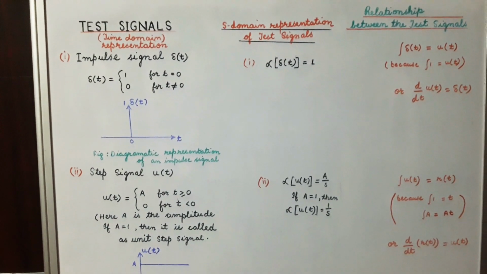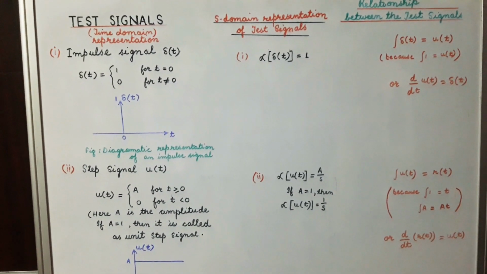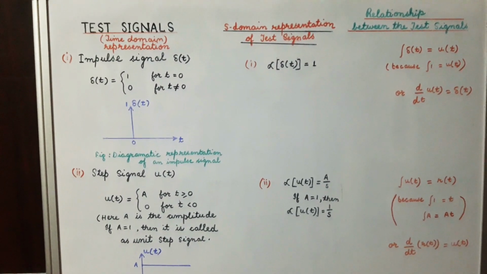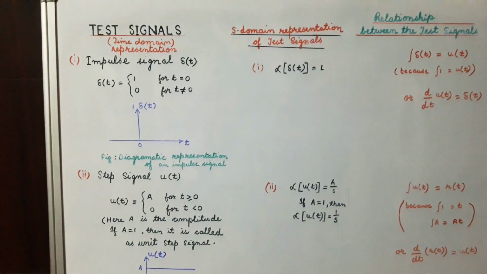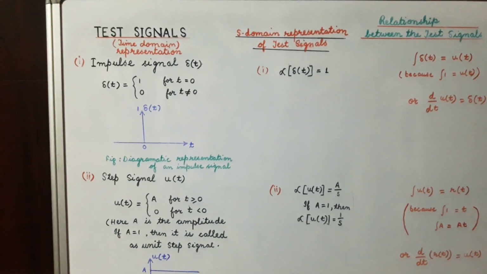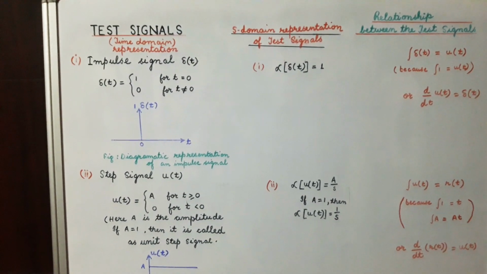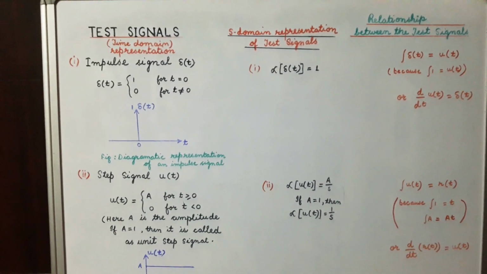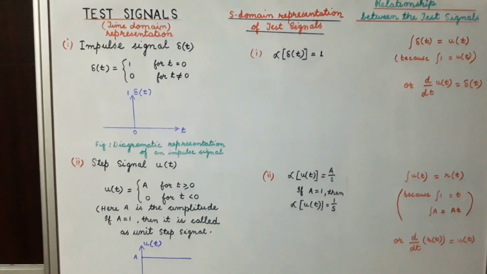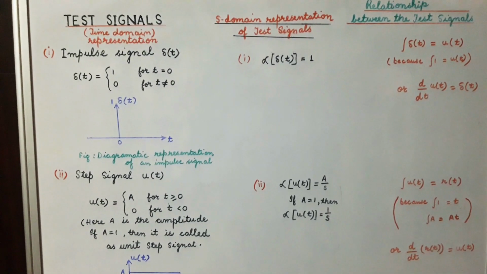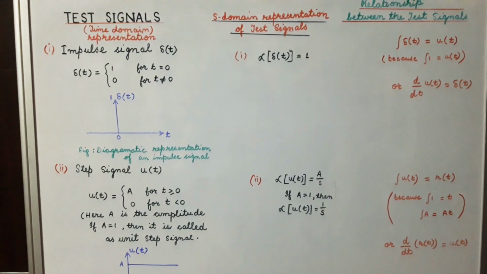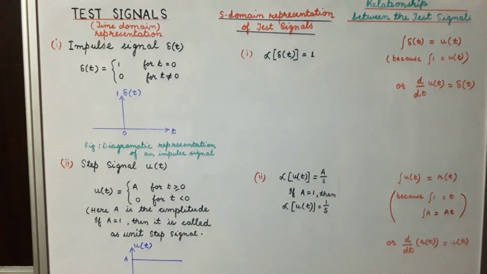The impulse signal is denoted by the letter delta t, and delta t is nothing but an impulse at t equal to 0 with amplitude equal to 1 at t equal to 0. So the value of delta t will be equal to 1 for t equal to 0 and delta t will be equal to 0 for t not equal to 0.